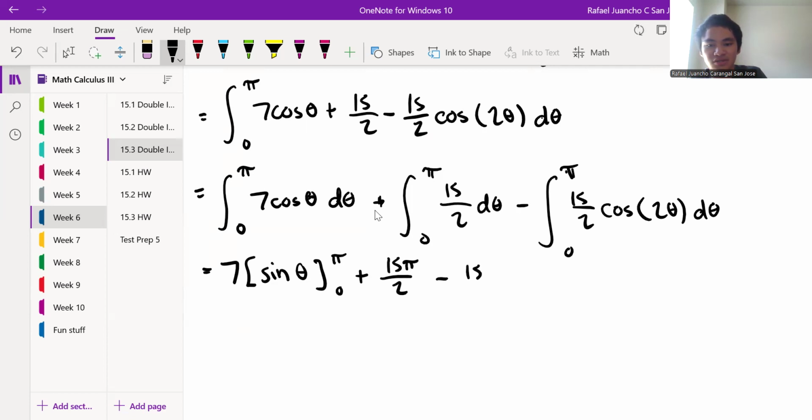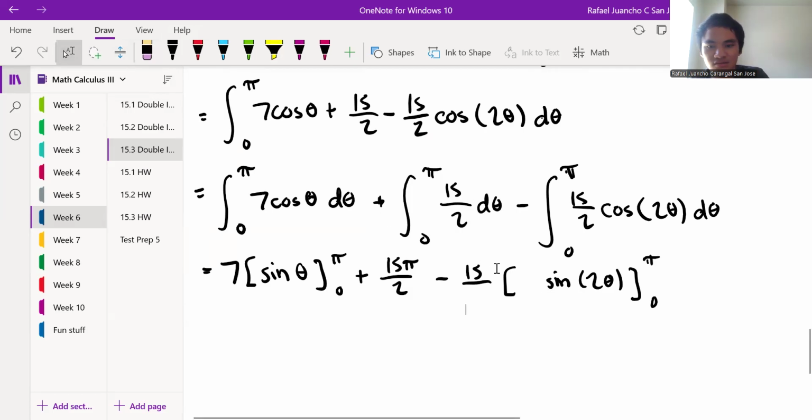Then this one, I could bring this out. This is a half of sine. Then I could take this one out. So this becomes like that. I'm just making my life easier at this point.